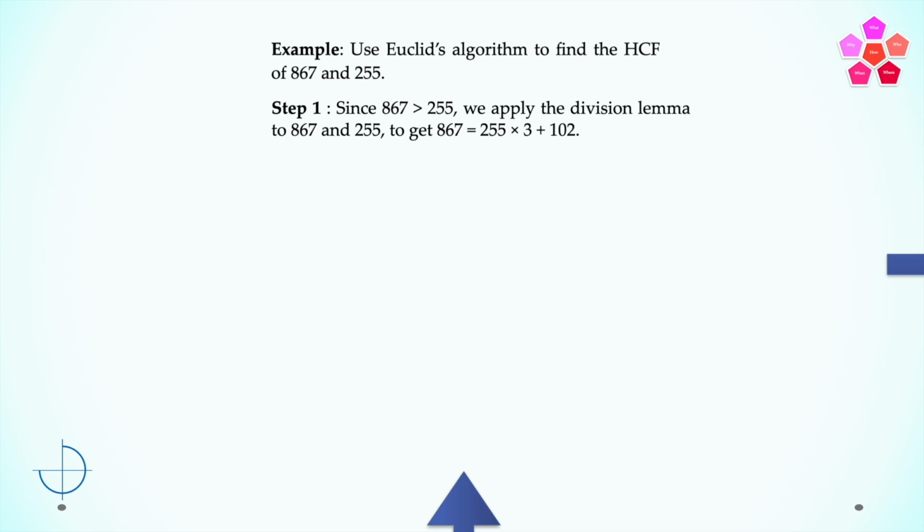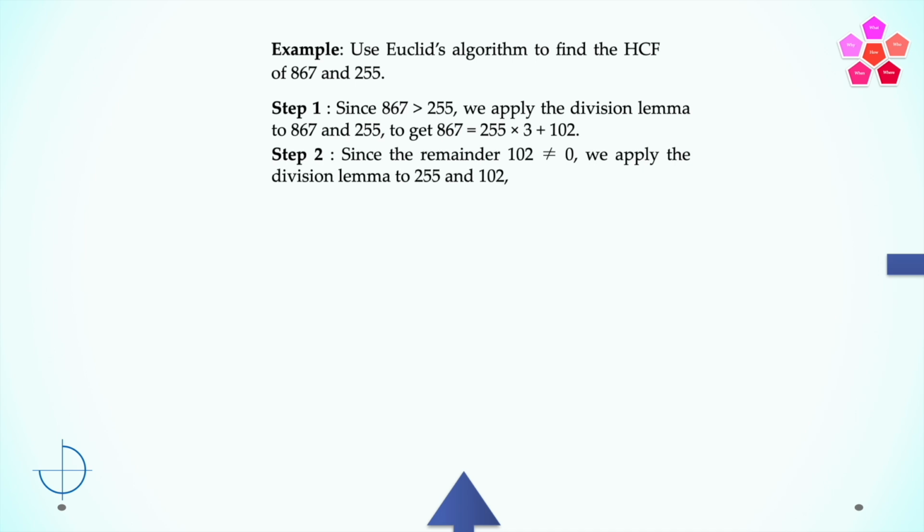So here q becomes 3 and the remainder r is equal to 102. Now step 2 is to check whether r is equal to 0 or not, and obviously 102 is not equal to 0. So now we apply the division lemma to d and r, which is 255 and 102.